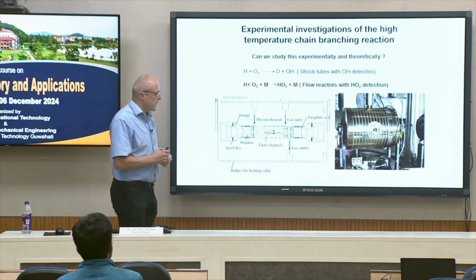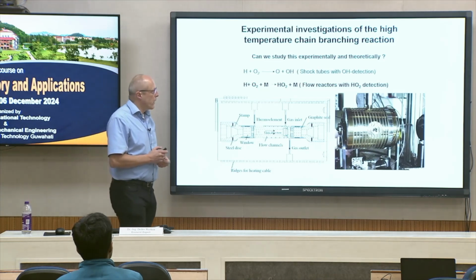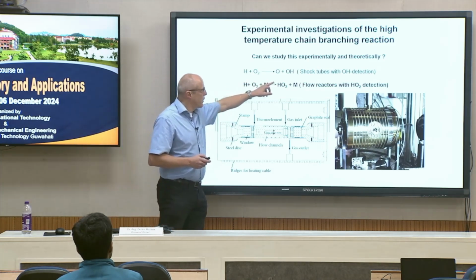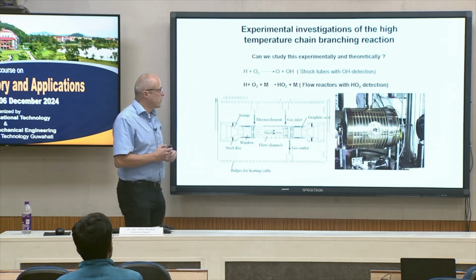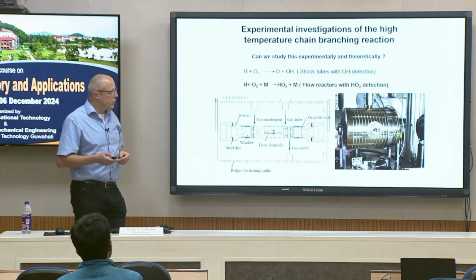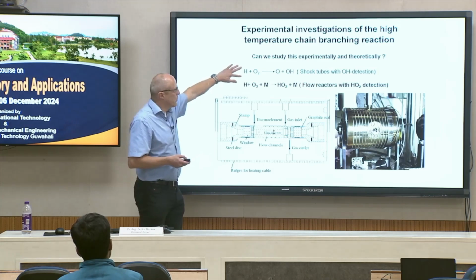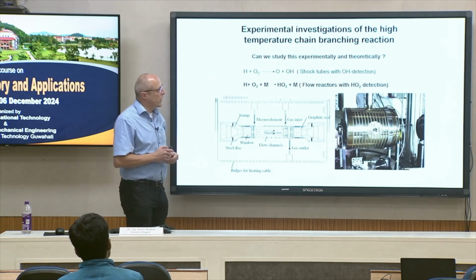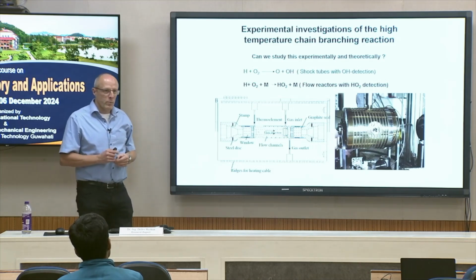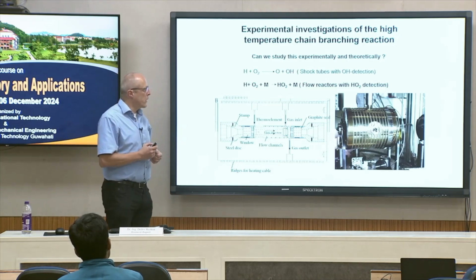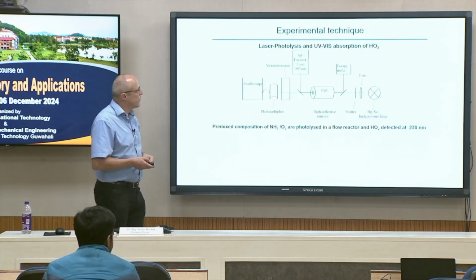Then we can examine the gas at the outlet, and this gives us information about this slow reaction: H plus O2 plus M gives HO2 plus M. At higher temperatures, where this reaction is dominant, we can use just a simple shock tube, where we can produce high temperatures and see very, very fast ignition events.